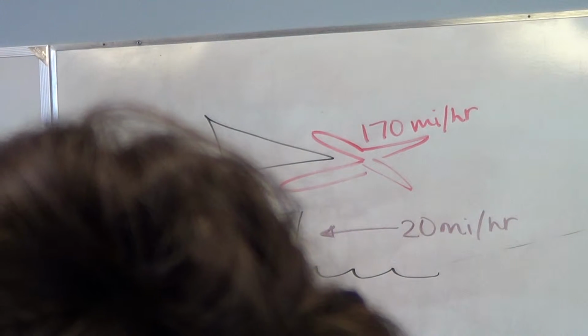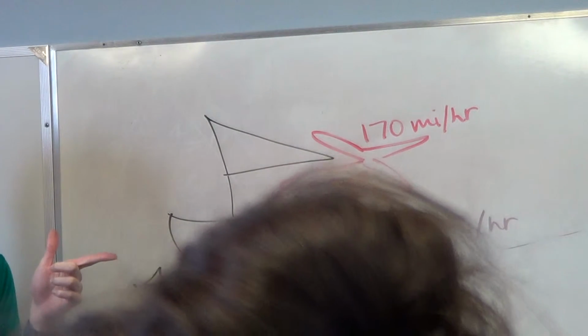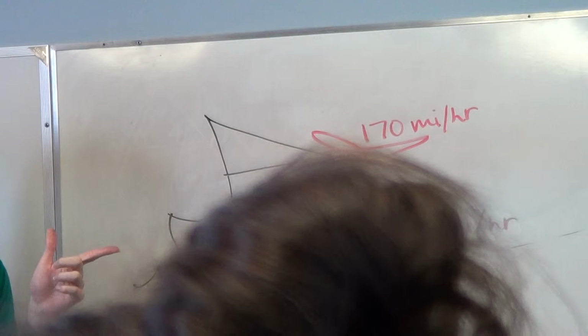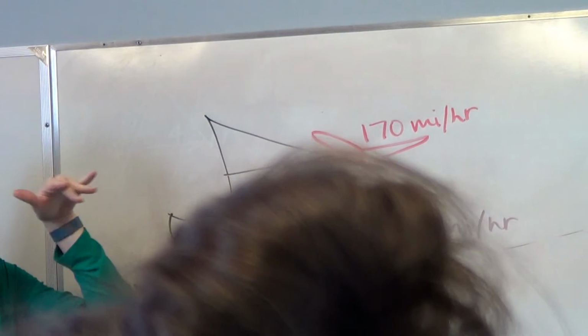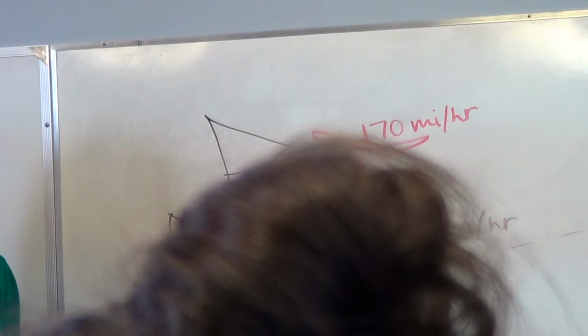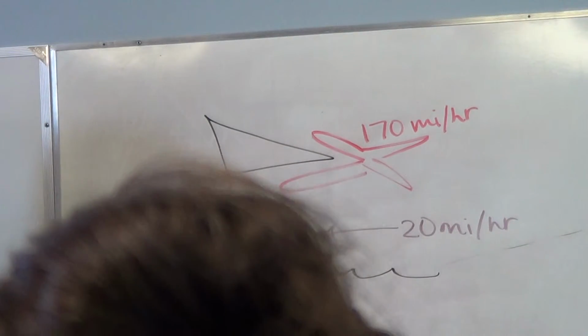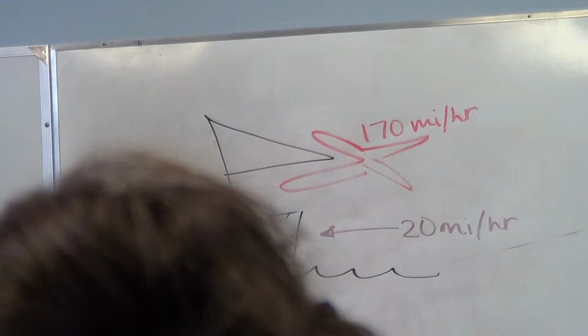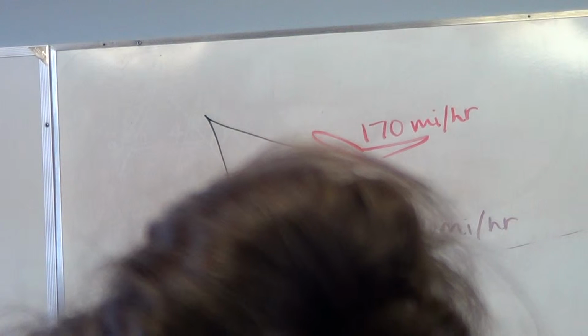But they said 110, didn't they? Yeah. I would disagree because that would mean the wind would be going with the boat, but it's going against it. Right? Yeah. So I can see where your confusion lies in that question. That's why I thought the wind was going with the boat, because I remember looking at that answer.